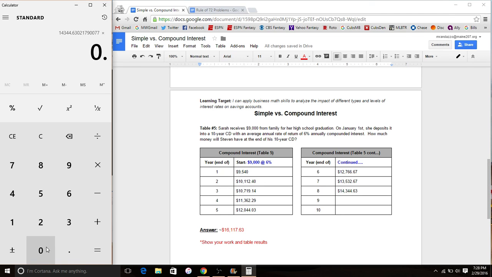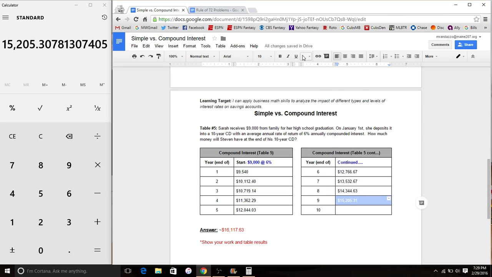Multiply that by 0.06. Add that to 14,344.63. We have 15,205 and 31 cents.